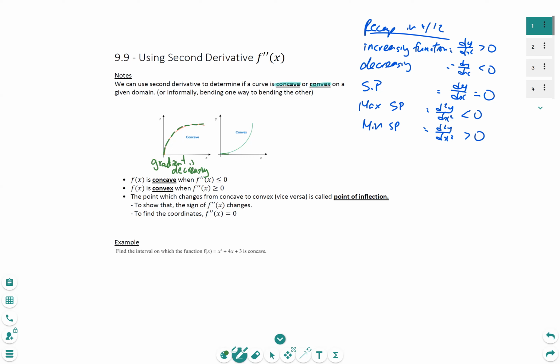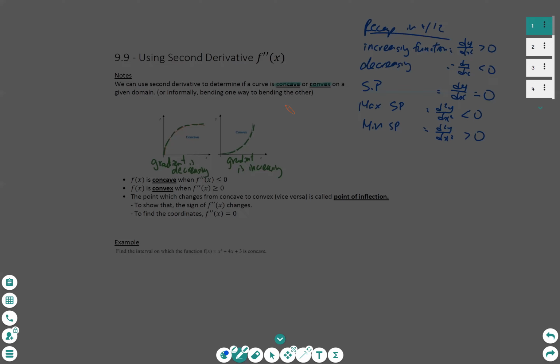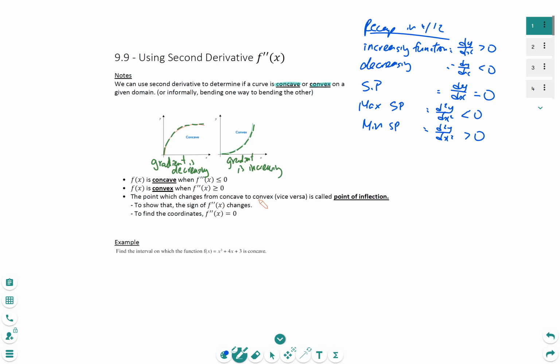On the other hand, for this one, you can see the gradient is increasing. Starting from 0, gradually going up, more positive towards infinity. So this is convex and concave.